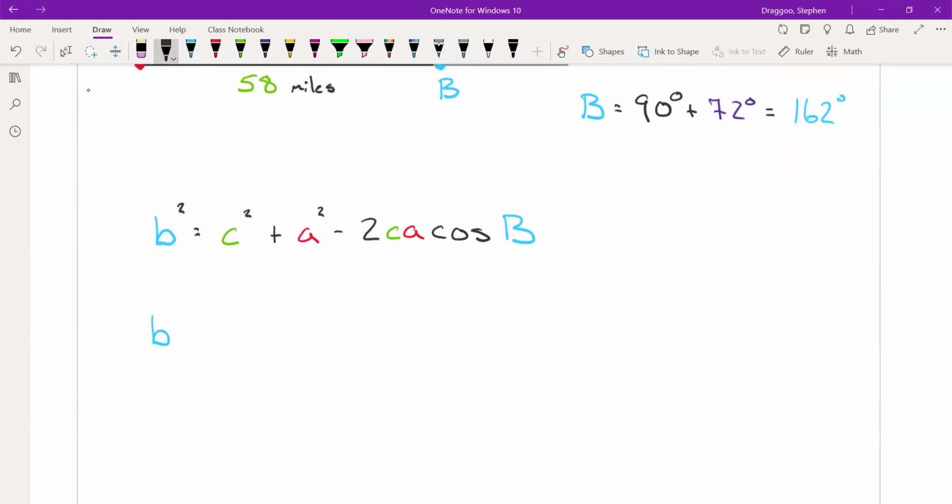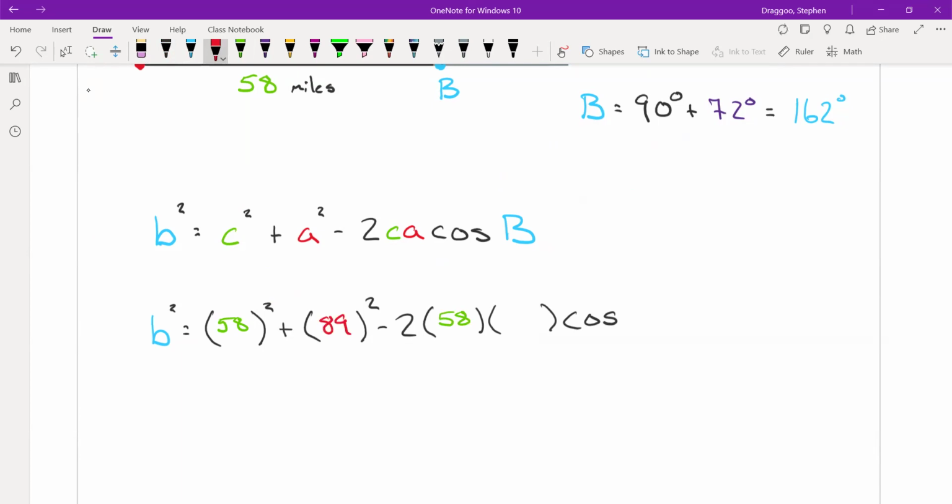So b squared, that's our unknown. It's equal to c squared plus a squared minus 2 times c times a times the cosine of angle b. So we'll just plug all of that in. C was 58. It goes here and here. A was 89.